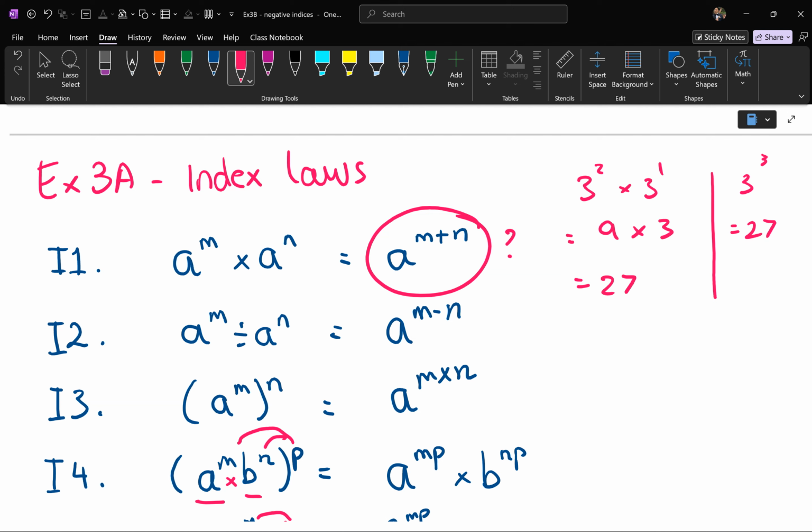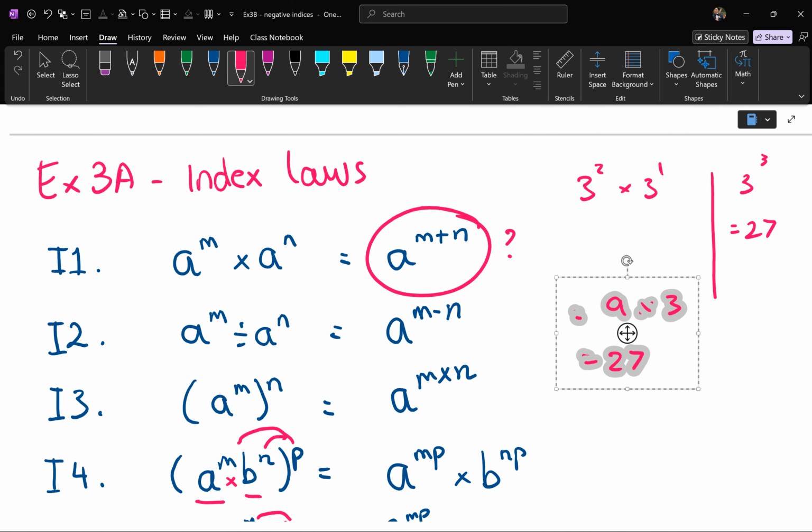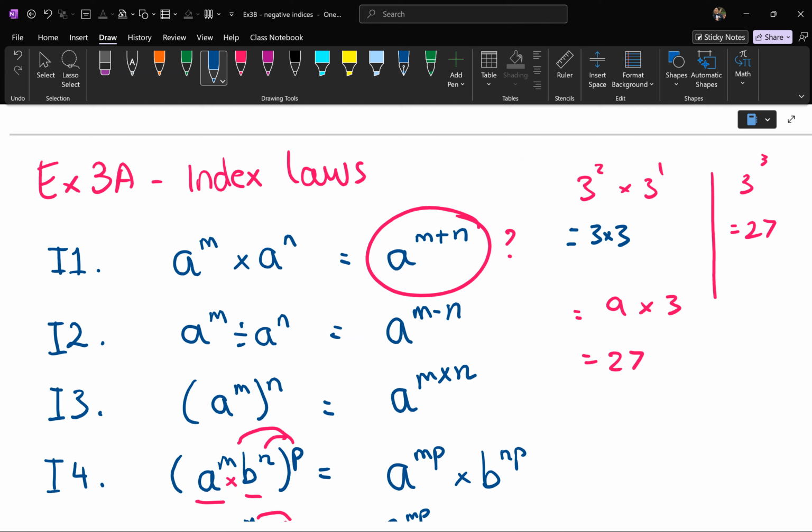So when you say here, and Raf said 9, which is correct, but the step between it, I'm going to pull it down. And you can see the logic here. 3 squared means 3 times 3. Then you say times, and you've got 3 to the 1. If I asked you what that simplifies to, you don't want to sit there and write 3 times 3 times 3, because that's what we were trying to avoid.